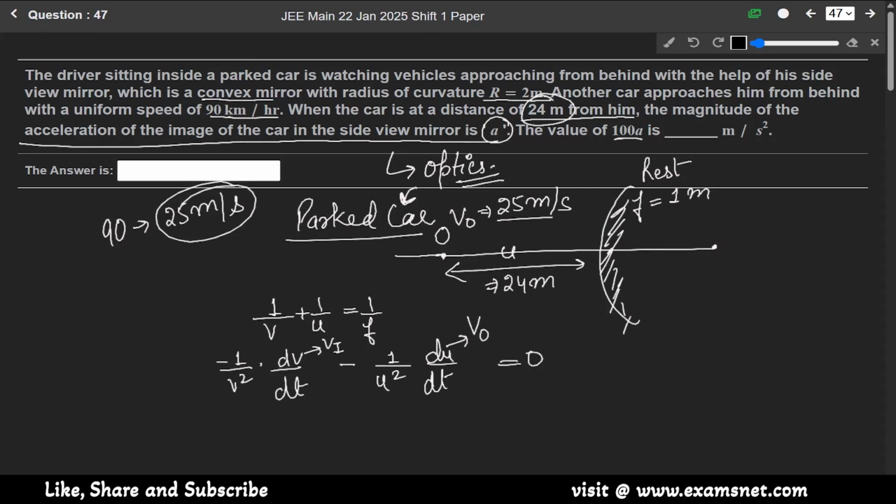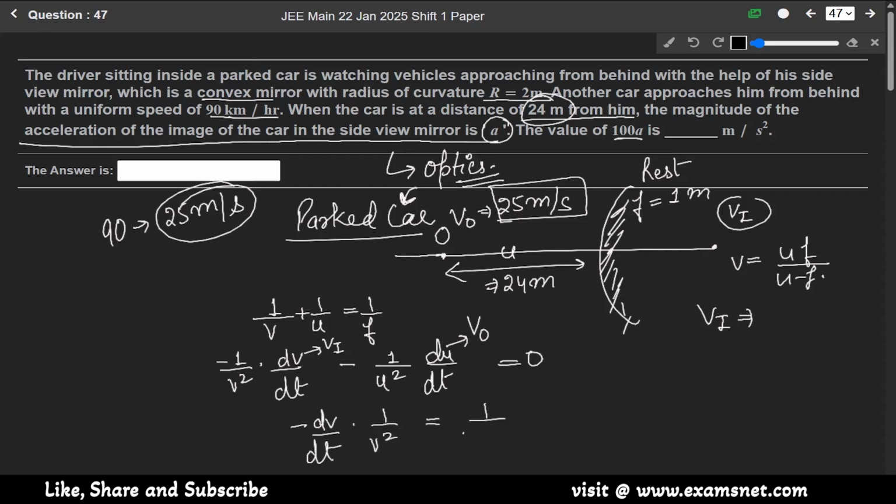So V naught we know is 25 meter per second. To find the Vi, since we know that V is equal to UF over U minus F, it will be minus dV by dt, which is Vi, into 1 over V square, equal to 1 over U square dU over dt. Okay. And we know that Vi is equal to minus V naught times (V over U) whole square.